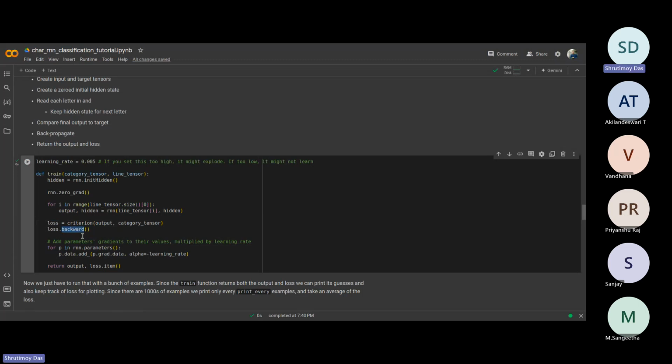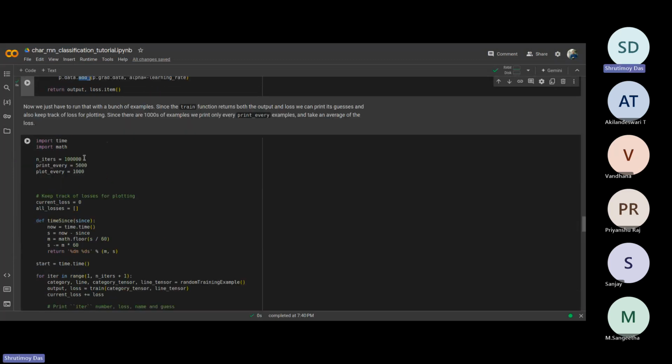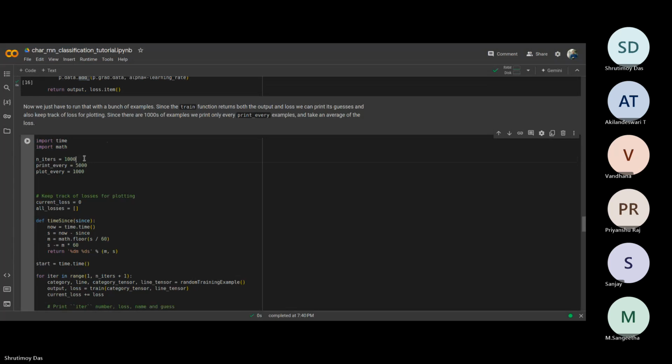And now we want to update the weights, right? So that is done by going to each of these parameters and adding the gradient that we get from there. And then this is the whole training process that we have. And say I want to run it for one.